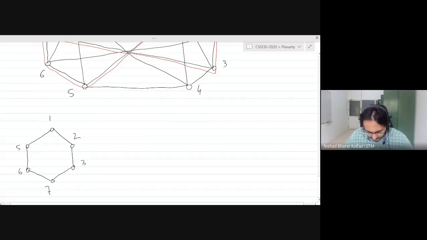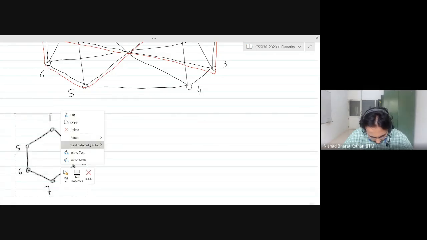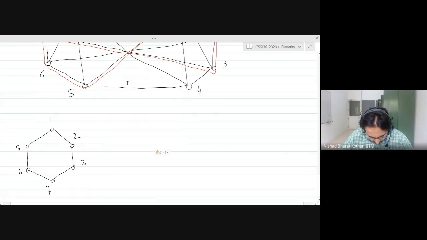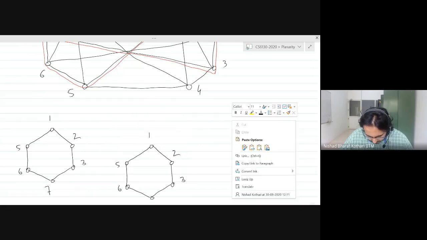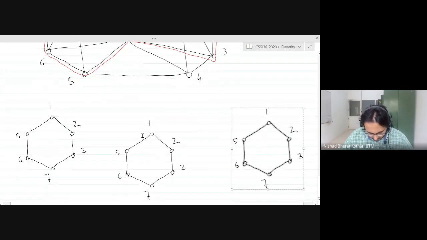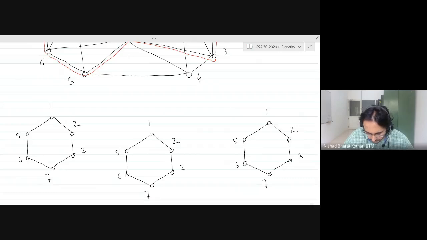And let me see if I can make a copy of this quickly. Yep, that should work. So somebody can tell me how many bridges there are.